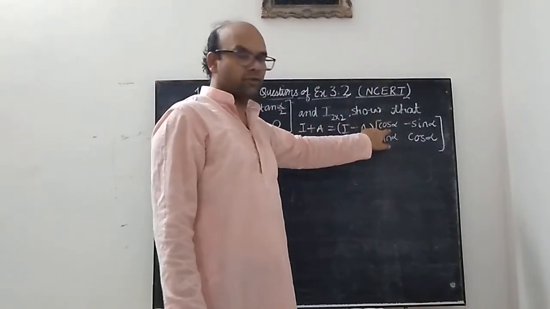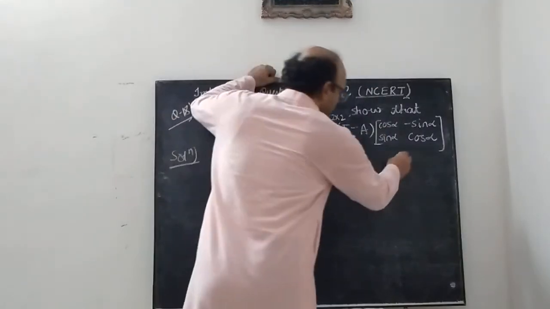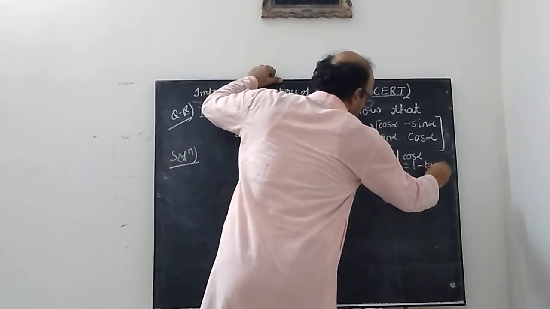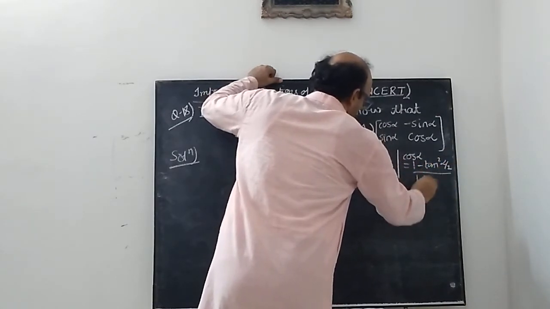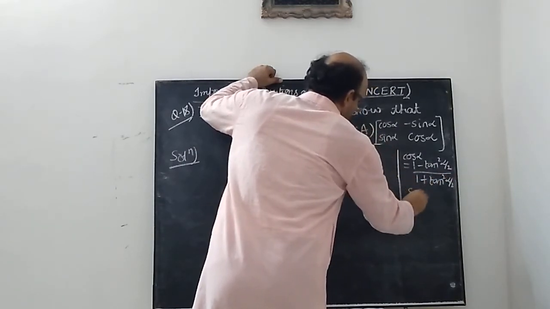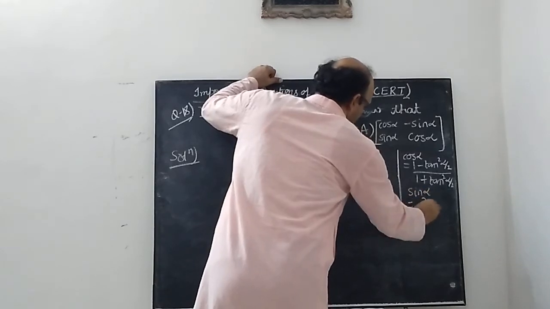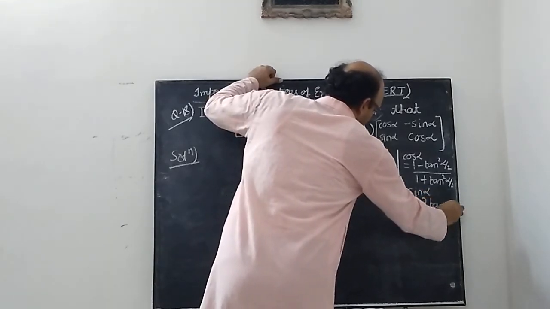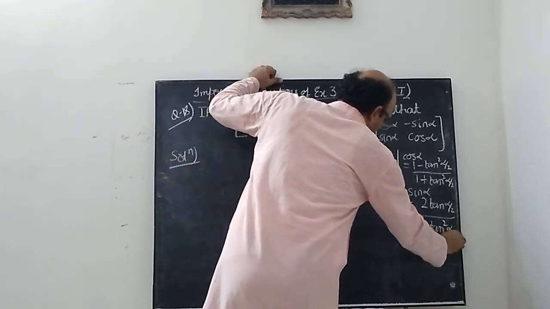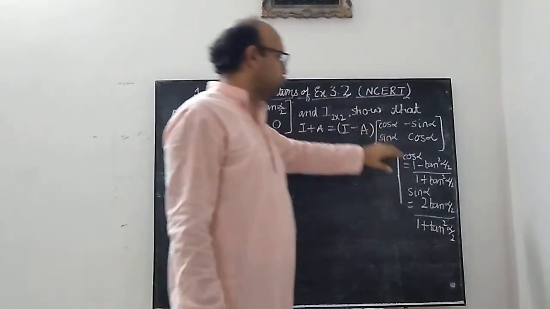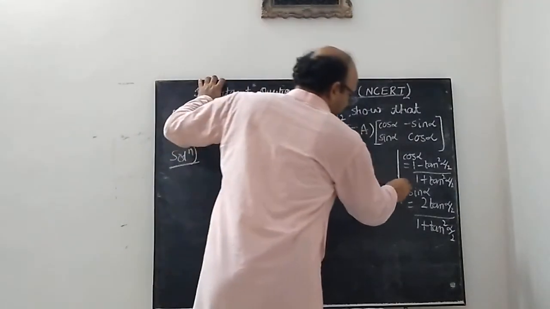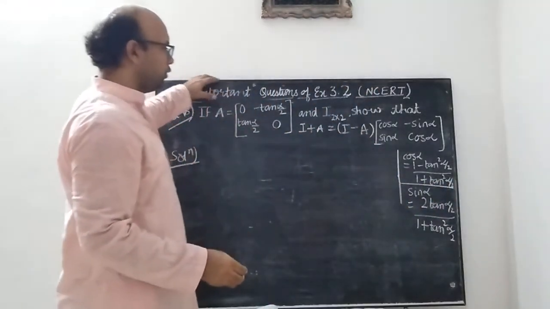Cos alpha is 1 minus tan square alpha by 2 upon 1 plus tan square alpha by 2, and sin alpha is 2 tan alpha by 2 upon 1 plus tan square alpha by 2. Please kindly note these two formulae and learn them properly because they will be used. Okay, so these are the two formulae.